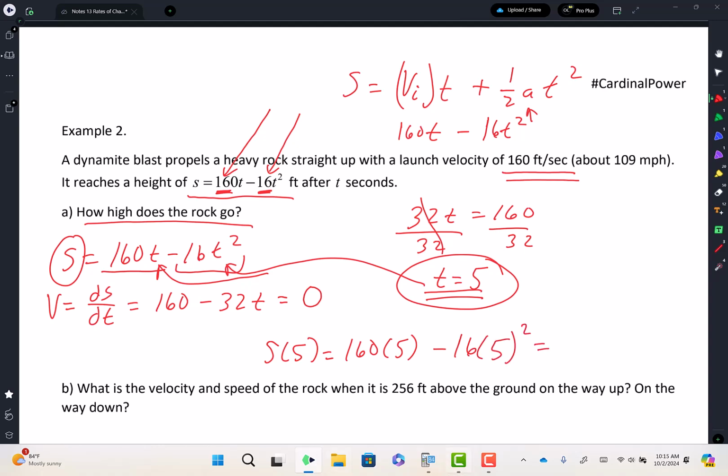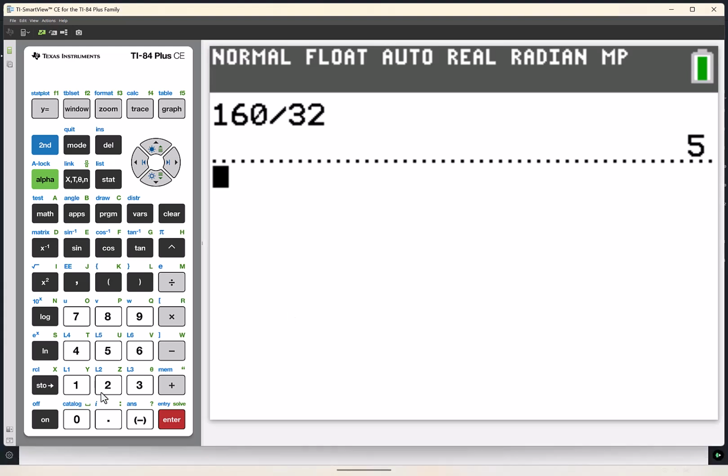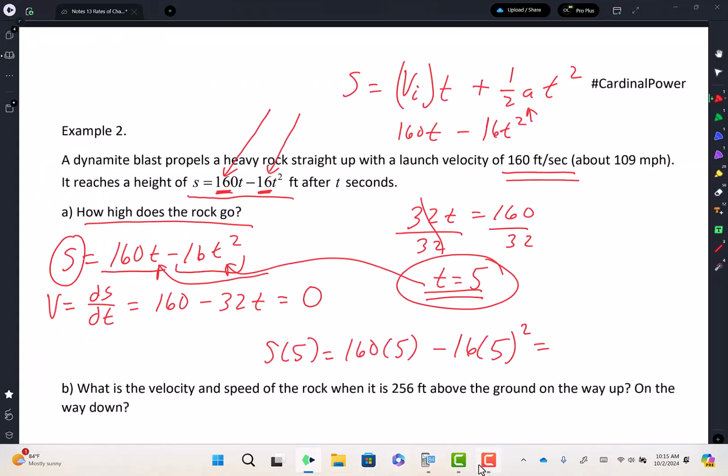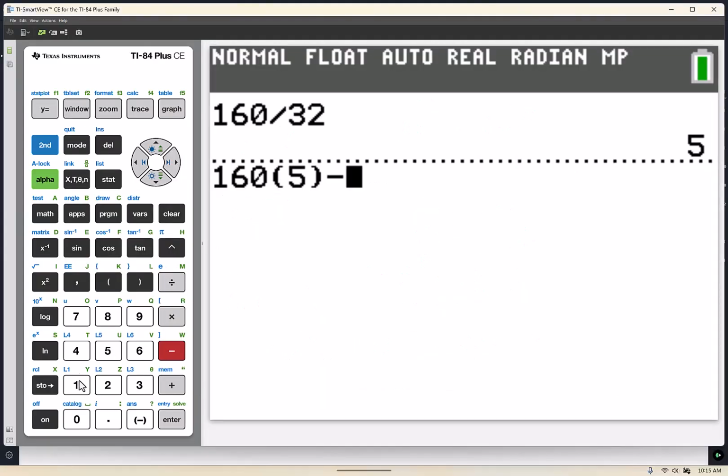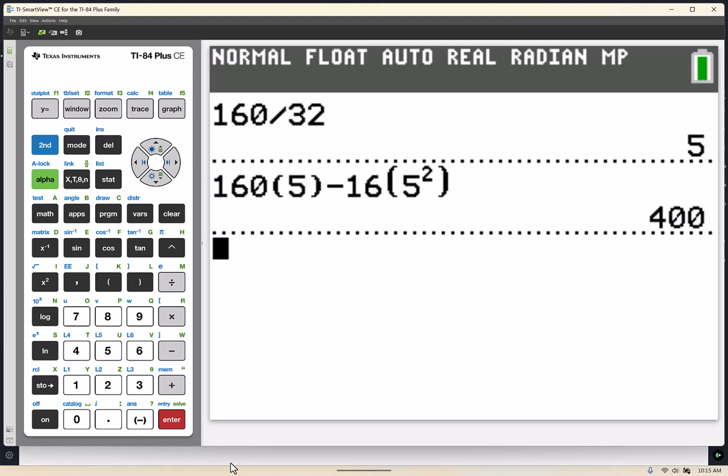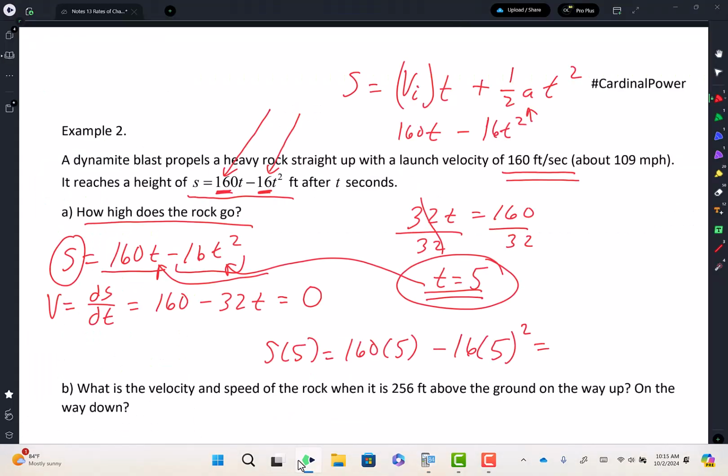So I take my calculator and go 160 times 5 minus 16 times 5 squared. I don't have to put the parentheses there, but I did. I got 400. So the highest it goes is 400. What are my units? Feet. 400 feet in the air.